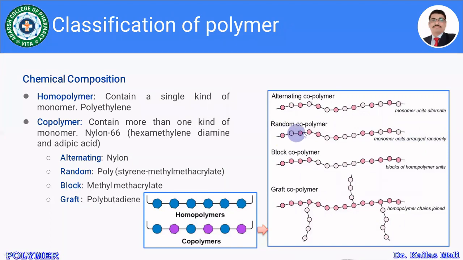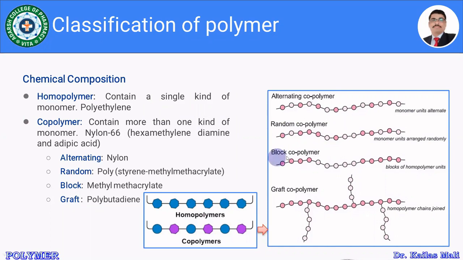So look at the arrangement of the monomer units in the random copolymer. Monomer units arranged randomly, for example polystyrene methyl methacrylate. This is the example of the random copolymer.